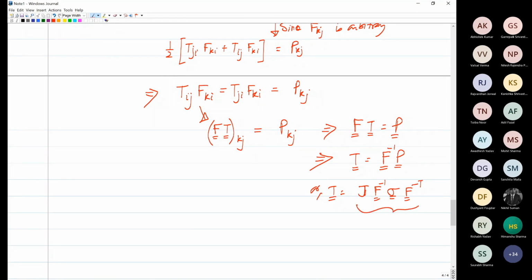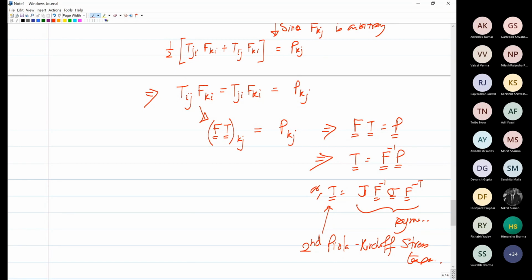And you will indeed see that this is symmetric. Take the symmetric part of it, you get the same thing. And this is called the second Piola-Kirchhoff stress tensor. So I'm done here. Thanks for waiting. So the work conjugate of the Green-Lagrange strain tensor is this T, which is also called the second Piola-Kirchhoff stress tensor. Okay, thanks for staying over time.